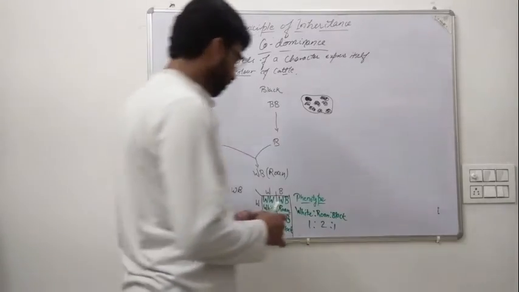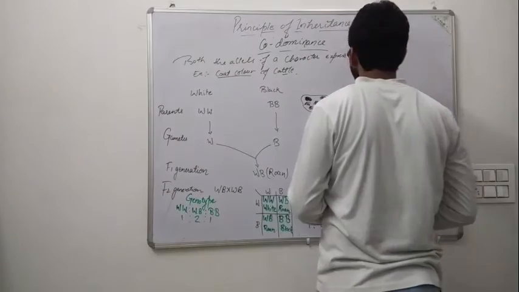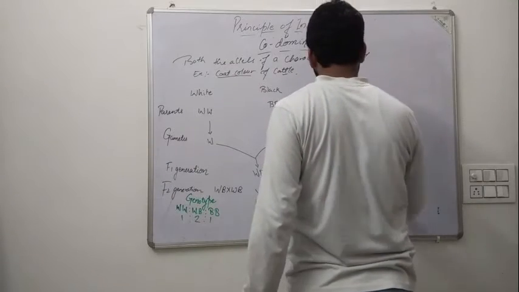Another good example of codominance is the blood group.